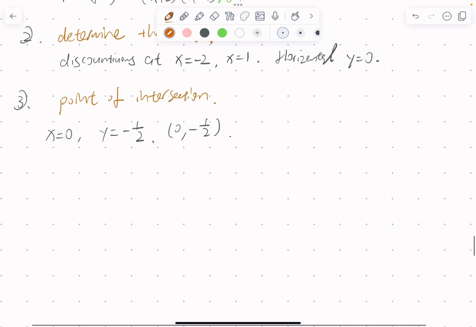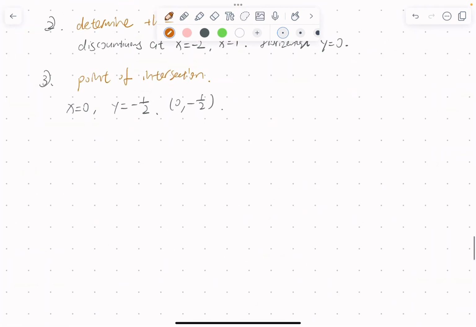What about the turning point? To find the turning point, we first need to differentiate the function, which means dy over dx needs to be 0.